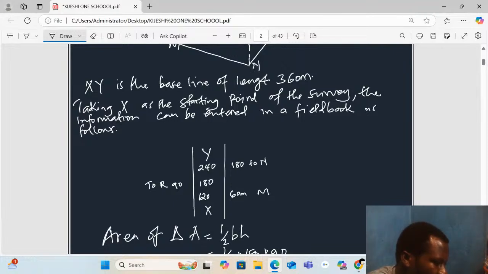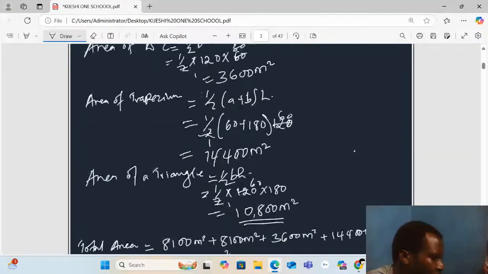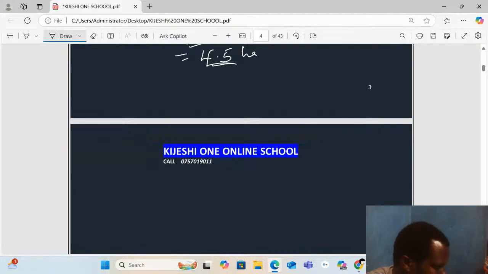So either way, you should be ready to work it out. Let us look at this example. We are given a field book and we are expected to draw, then we find the area. Have a look at it.